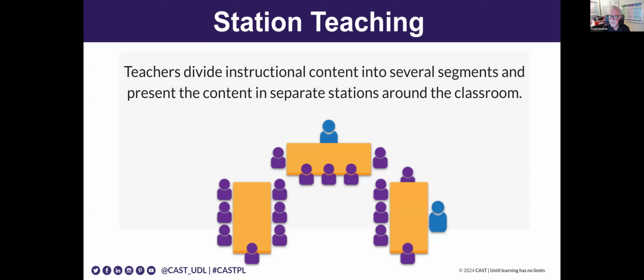What about station teaching? Teachers divide the instructional content into several segments and present the content in separate stations around the classroom. I was in a training last week with one of the high schools that we're supporting, and they were doing the training on what station teaching is for the co-teachers.